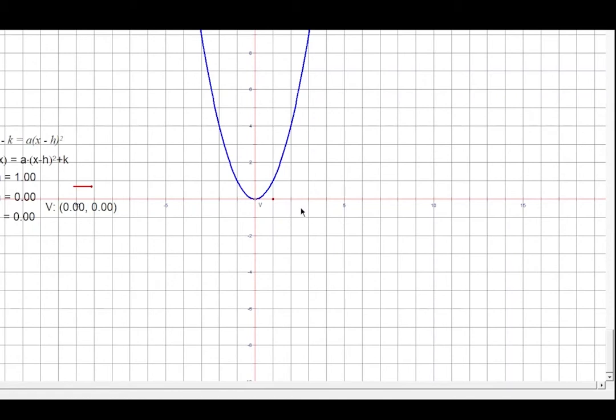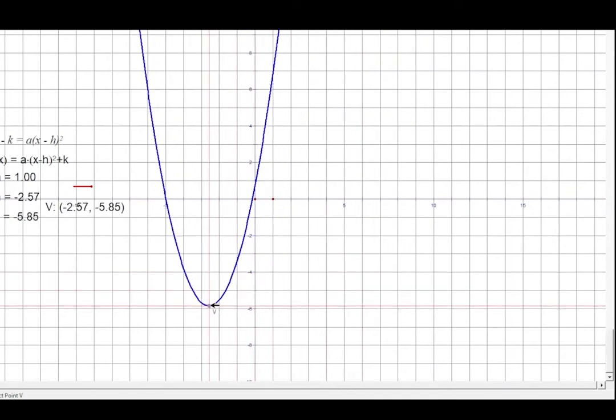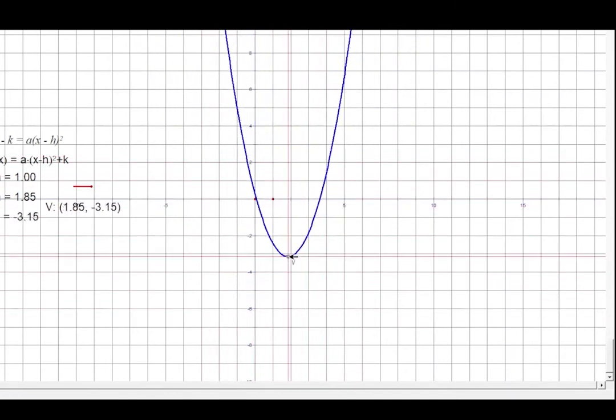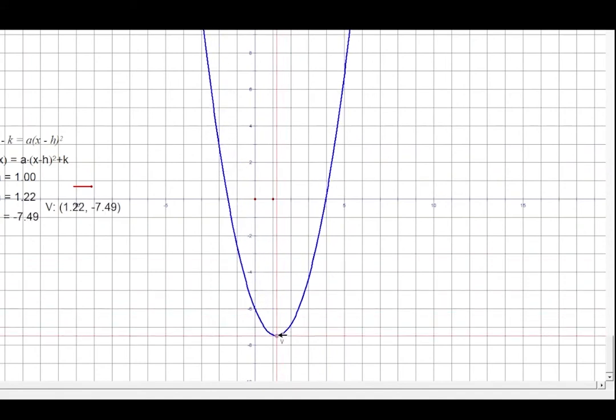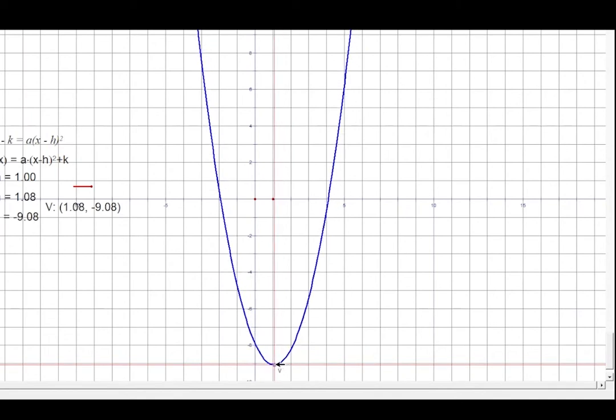I have a parabola here, y is equal to x squared, and even if I vary or move it around, you notice that the shape does not change, and our parabola happens to be exactly this one right about here, isn't it? Going through negative 2, 0 and 4, 0, and the shape itself did not change.